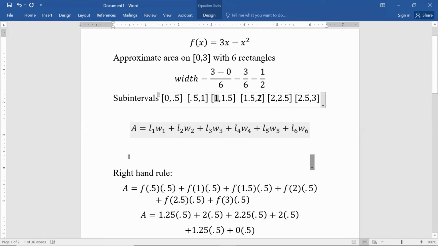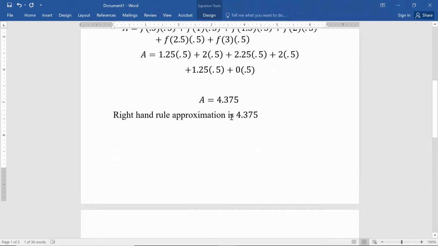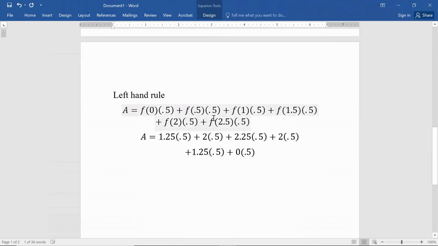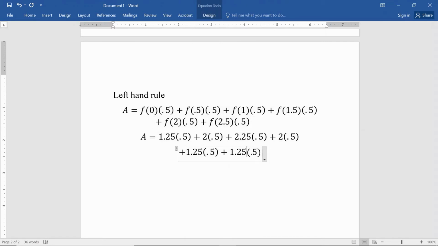Now I'm plugging in 2 for our fifth rectangle. And the only reason I point that out is because a lot of these numbers, like F of 2.5, I've already calculated as 1.25.